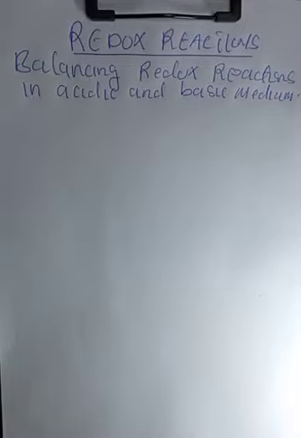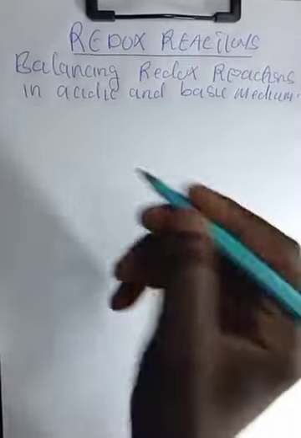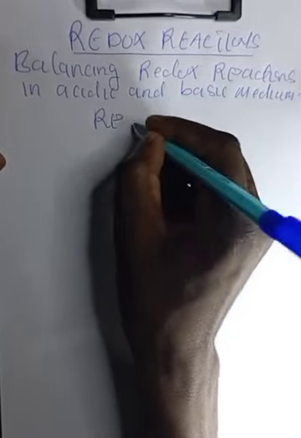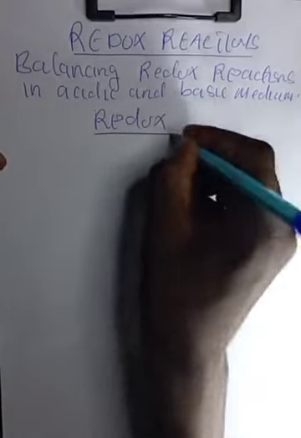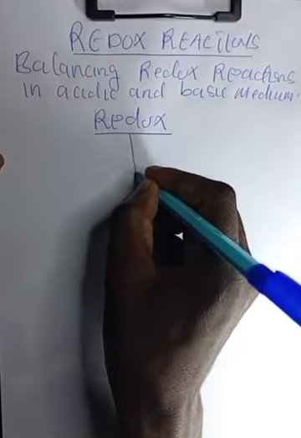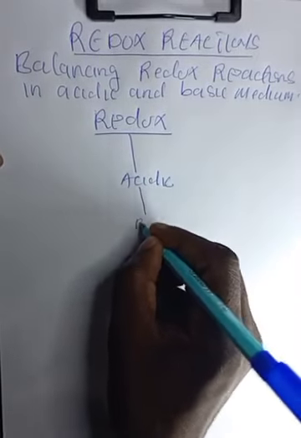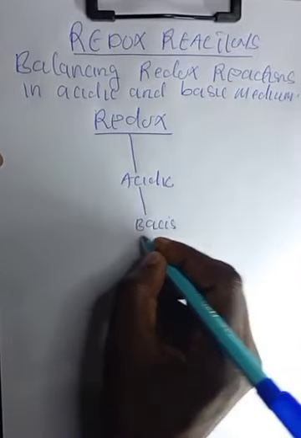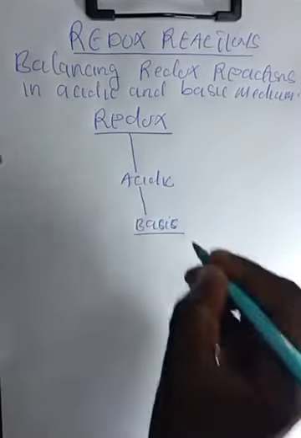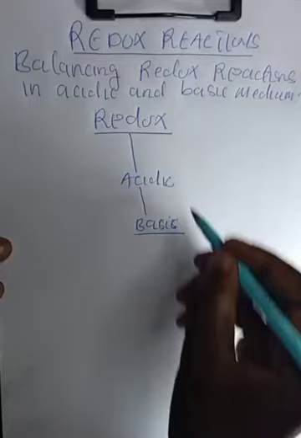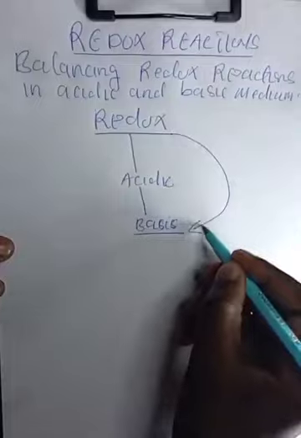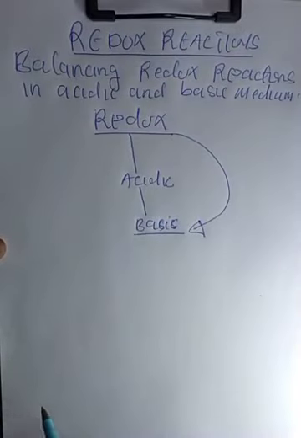to basic medium. Like I told you, the sequence of balancing redox reaction moves like this. If you want to balance in basic, first you have to balance in acidic, then you can proceed to basic. You cannot balance a reaction in basic medium without balancing in acidic medium.